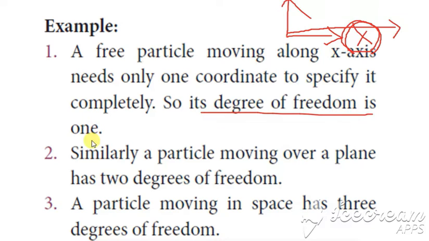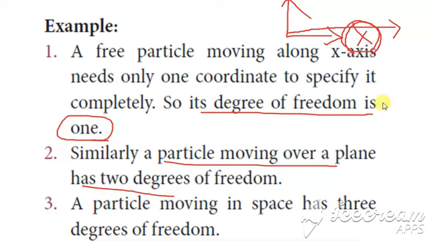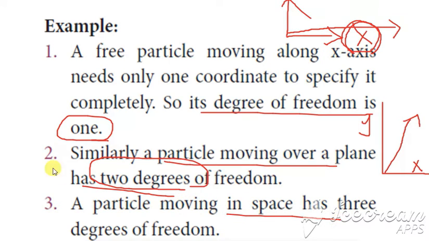So degrees of freedom is 1 for this. Suppose a particle is moving over a plane, which has two coordinates. If any particle is moving in the plane, it has 2 degrees of freedom. A particle moving in space always has 3 degrees of freedom.